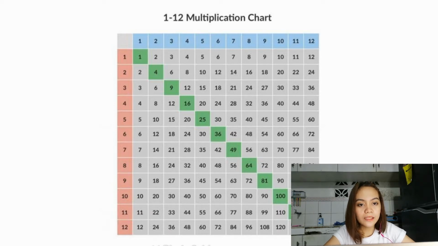Now, you will see that the perfect squares that I'm talking about here will be 1, 4, 9, 16 up until 144. Which means if you take the square root of those numbers, it will give you an integer as an answer. So these are the perfect squares that you will see or encounter in this particular factoring technique.